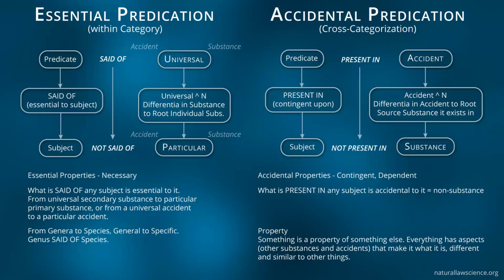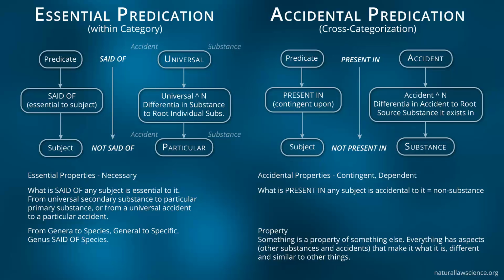So when we go from universal to particular, we're going from universal n, that's any number of universals, where we're differentiating into the substance to the root individual substance. The same thing from accident, whatever accident n, as you go down in levels, the differentia and accident to the root source substance it exists in.